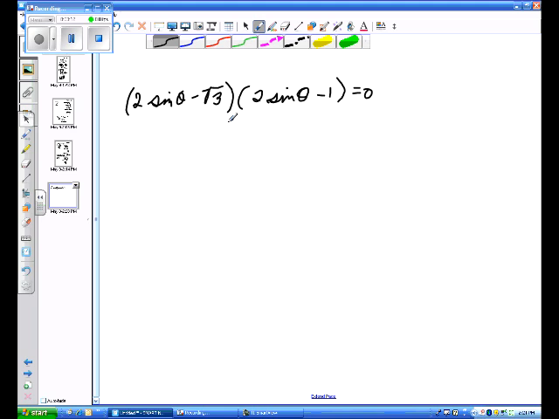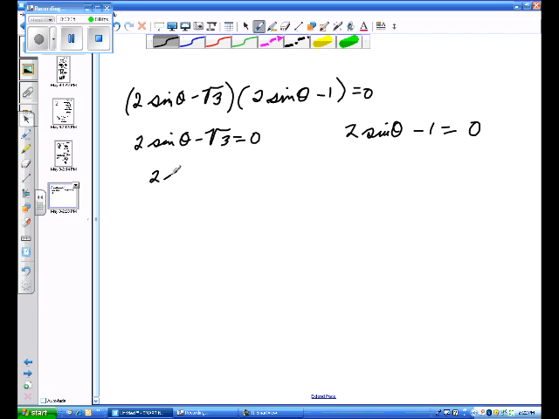So we've got it in factored form, and we can set each factor equal to 0. So 2 sine theta minus the square root of 3 equals 0. And 2 sine theta minus 1 equals 0.